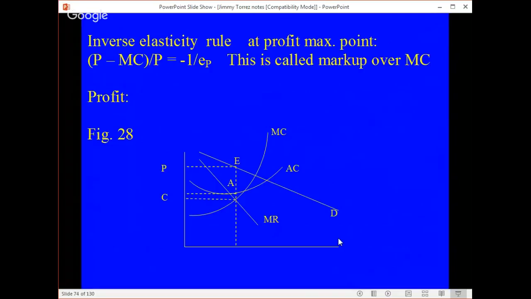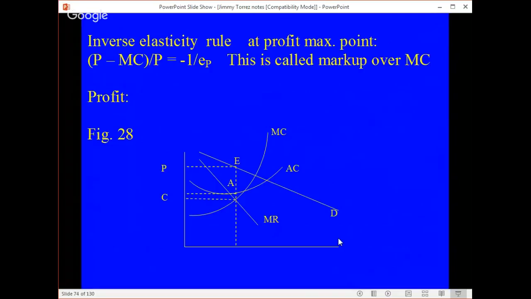Now, we've done this exercise before. The markup over marginal cost is equal to 1 minus the elasticity of demand.